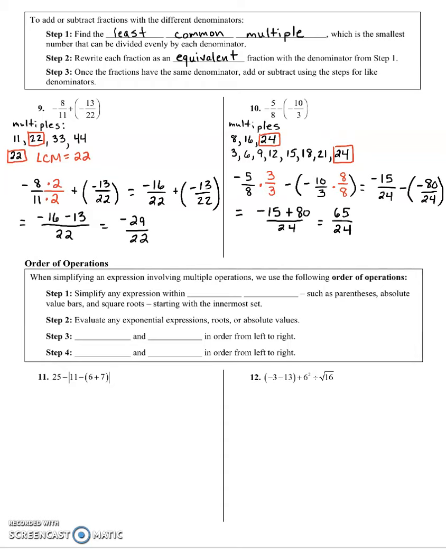Now let's talk about the order of operations. So when you're simplifying an expression that involves multiple operations, we use the following order of operations. First, you simplify any expression within grouping symbols.